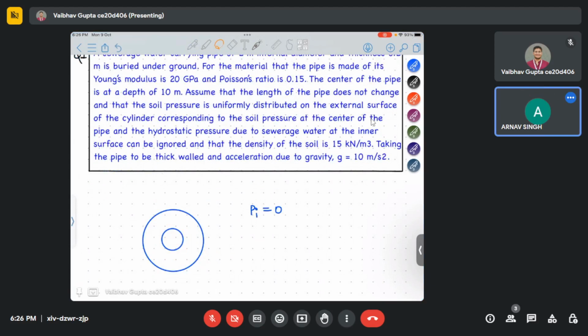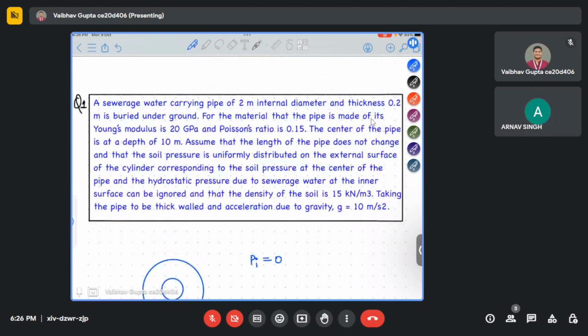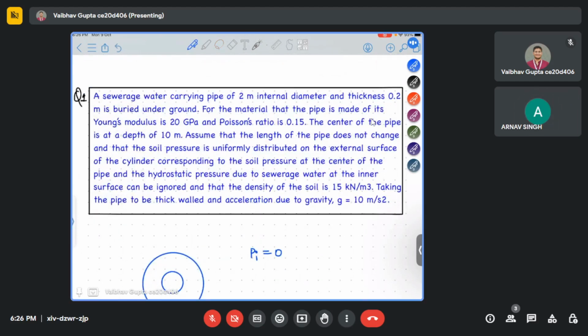I'll give the formulas one by one, but you understand the question first, because reading the question is most important. So the first hint we got is thick walled, so we'll use whatever formula we derived earlier. The next hint is that the hydrostatic pressure at the inner surface can be ignored, which means Pi is equal to 0.